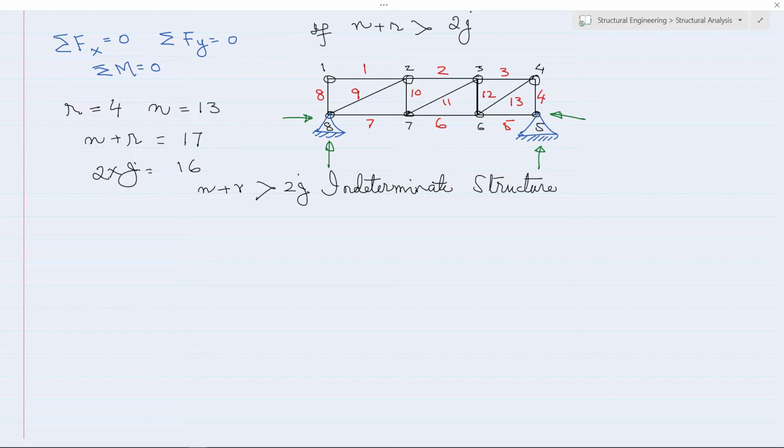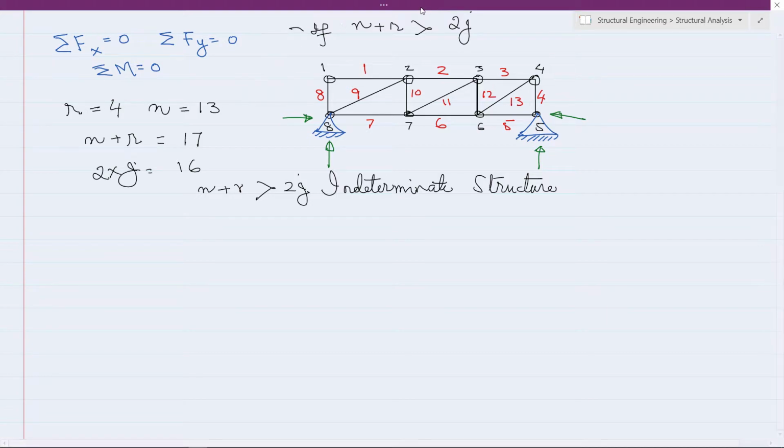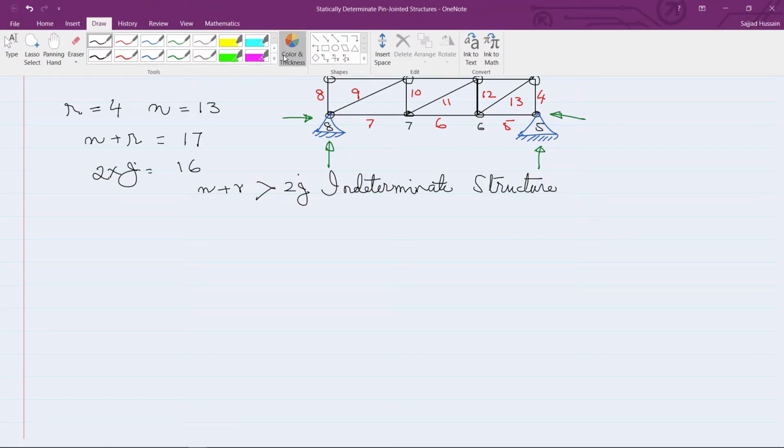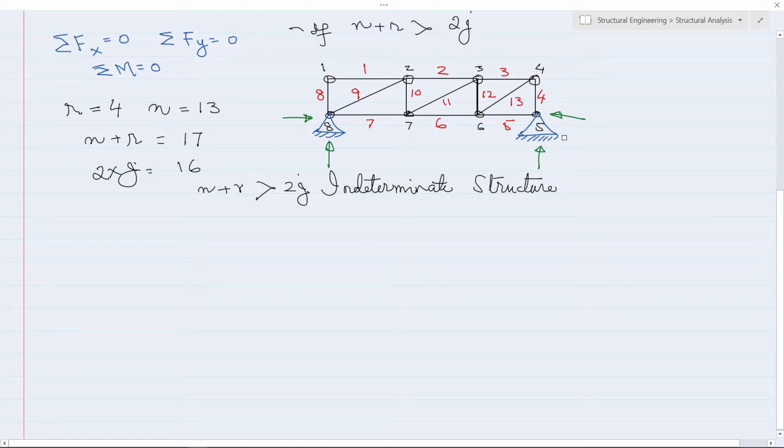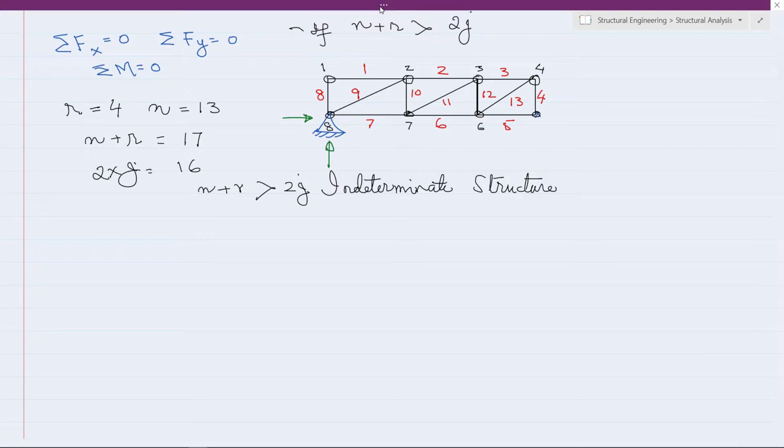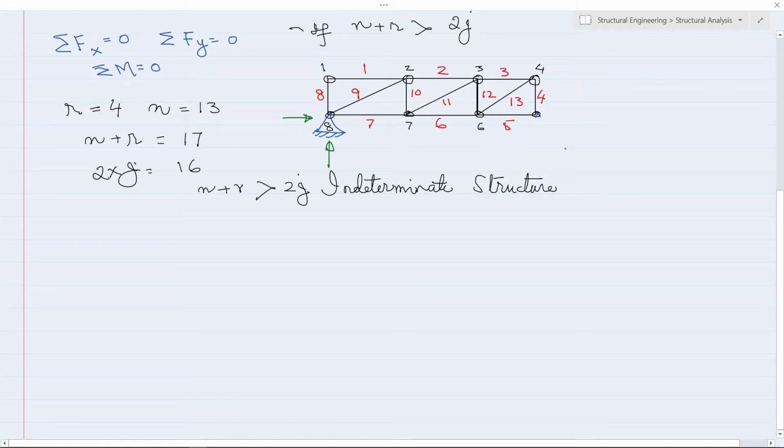Second thing, suppose I remove the support from one side. Let me remove the support from this side. So no more reactions, no support. So this joint number was 5.